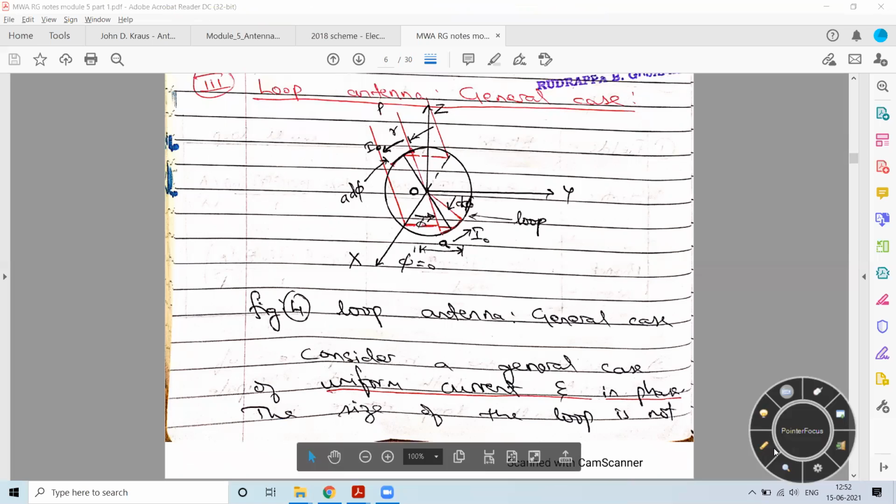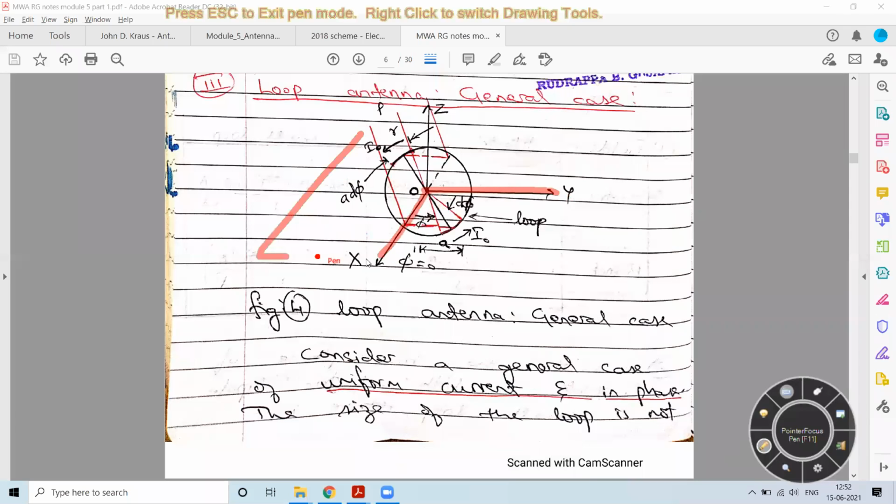So in this case, again, we assume that we place the loop in the xy plane, such that the center of the loop is the center of this xy plane, that is the origin of this coordinate system. And the z-axis, if you observe, is perpendicular to the plane of the loop.